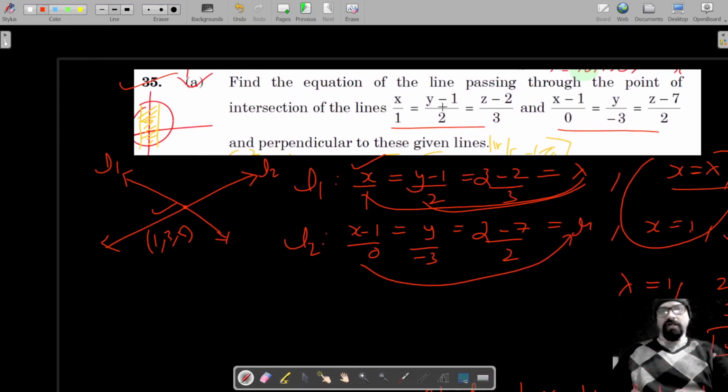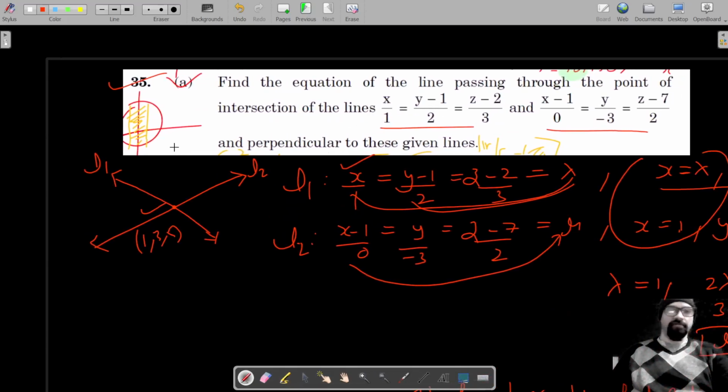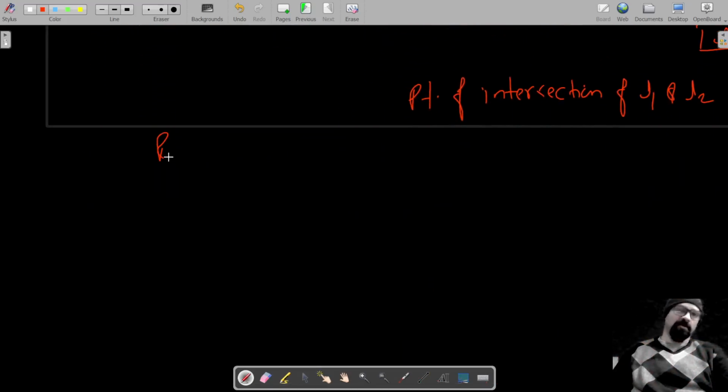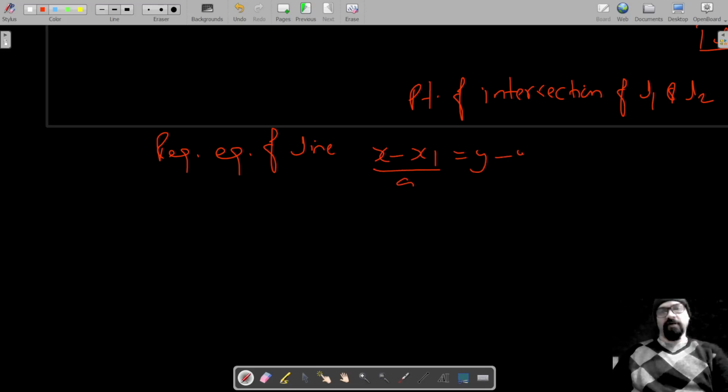Now our required line passes through the point of intersection of these two lines, which is (1, 3, 5). So our required equation of line in Cartesian form is given by x minus x1 by a is equal to y minus y1 by b is equal to z minus z1 by c.